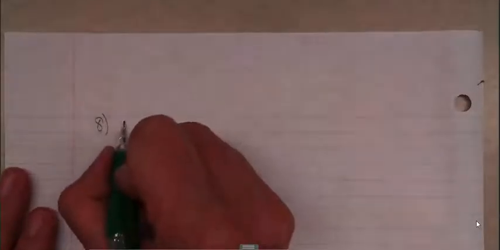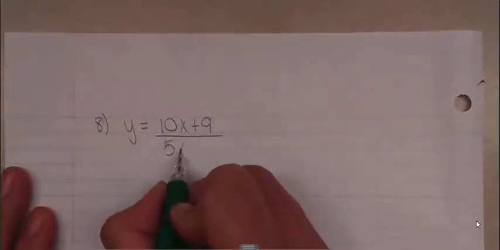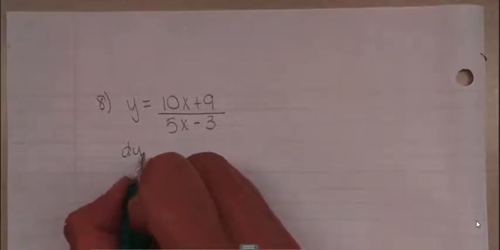Let's do some more problems. How about number 8? Number 8 has y equals 10x plus 9 all over 5x minus 3. So I'm going to now take the derivative of y with respect to x.